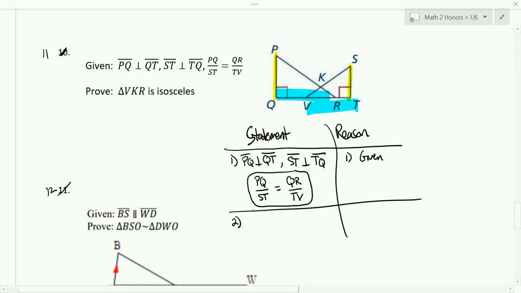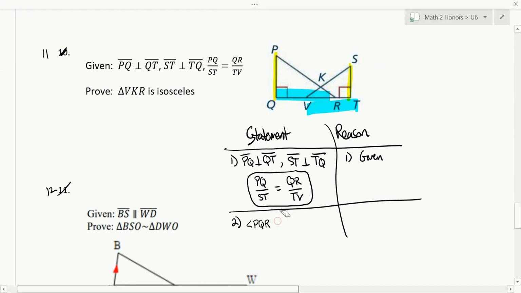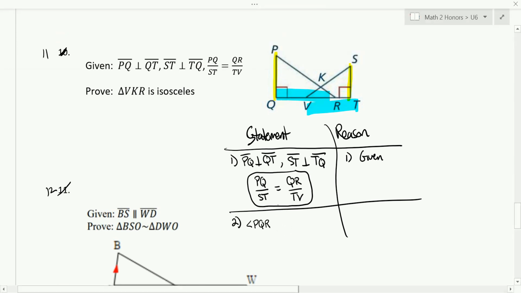So what should our second statement be? Angle PQR is congruent. Well, we can't jump there yet. What do we have to say about it? It's a right angle. So let's first say it's a right angle, and so is STV, right? Why are they right angles?